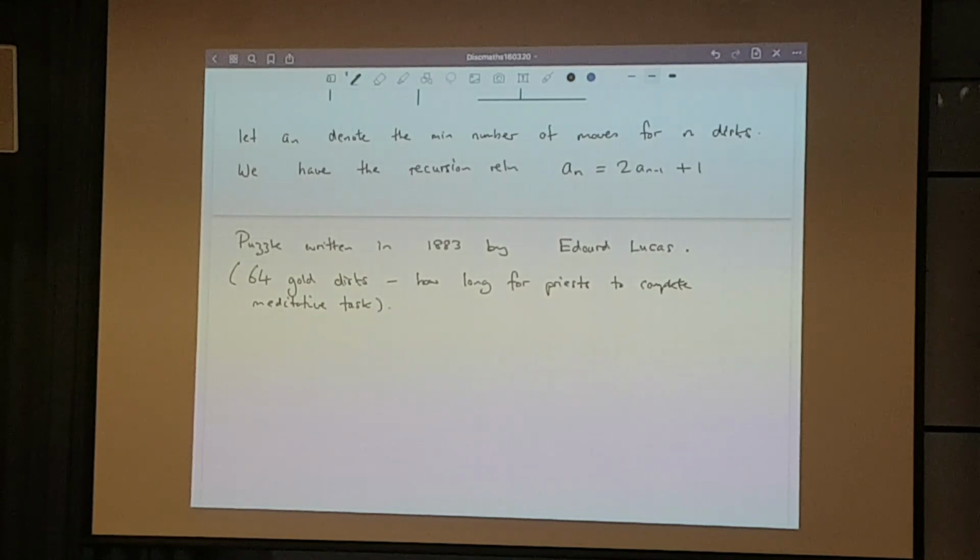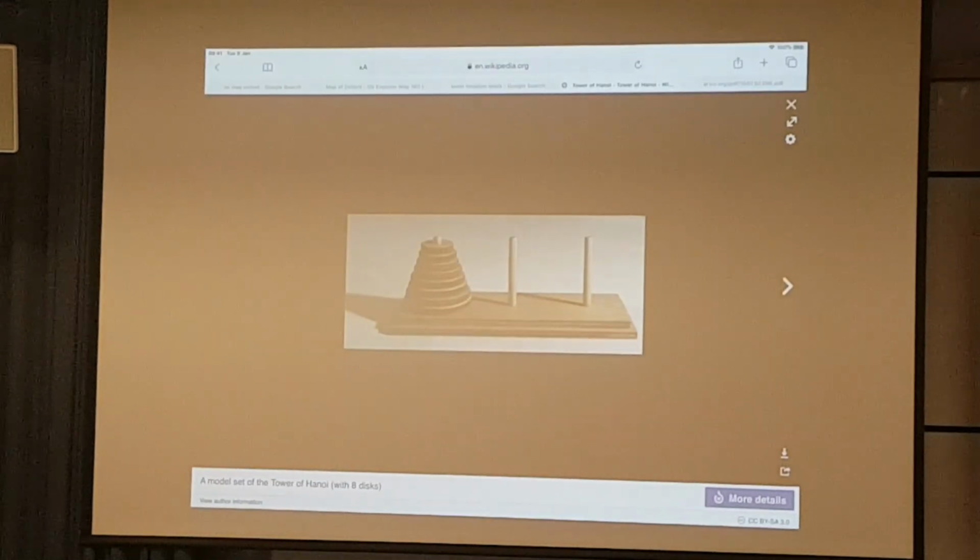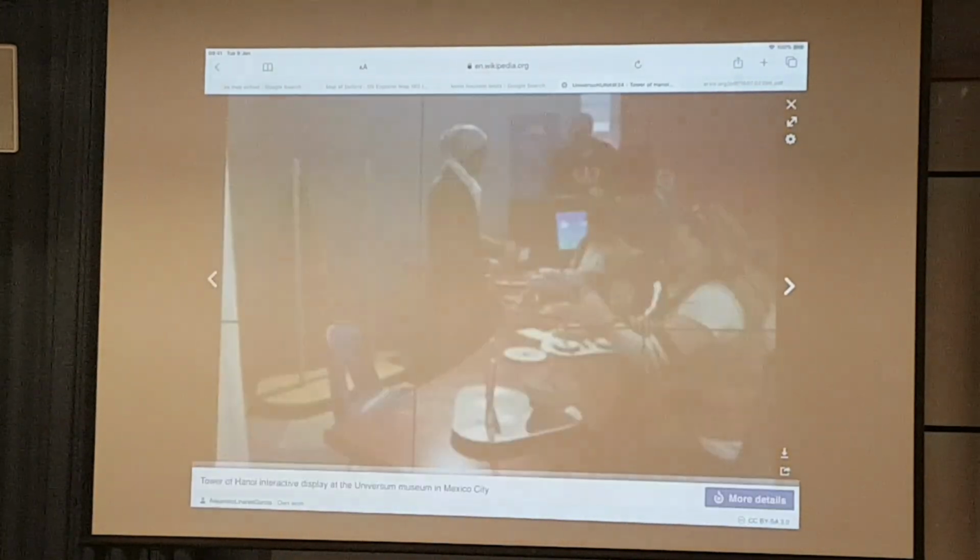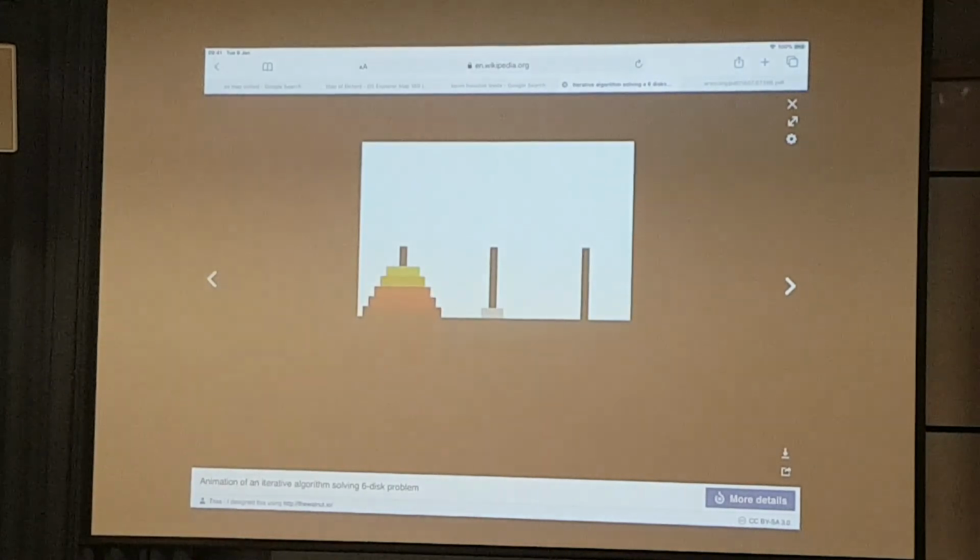That's another animation. This is, of course, just Wikipedia. Here we are. This is 6 discs, and it's using this algorithm. At a certain point, it will get to the point where it moves. See, it's quite contemplative.